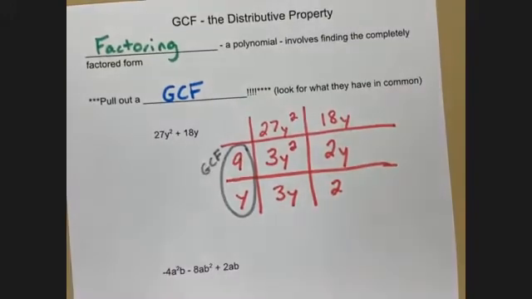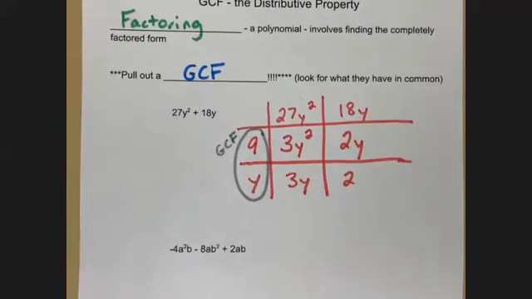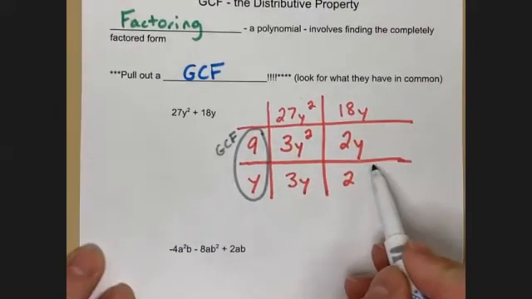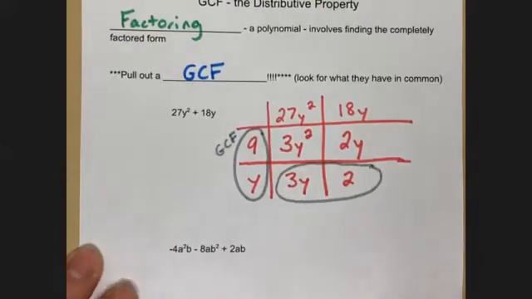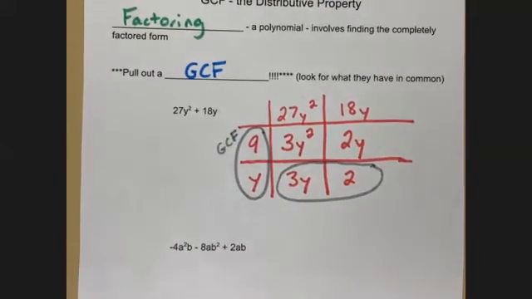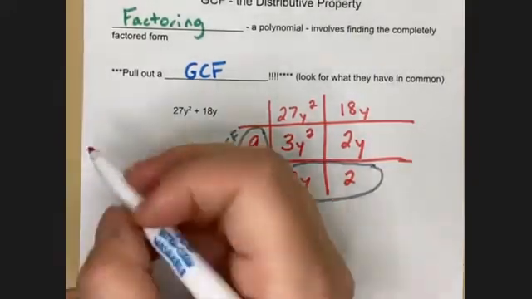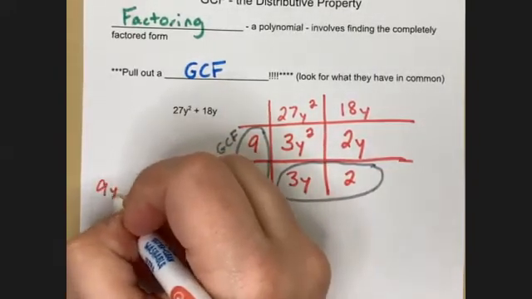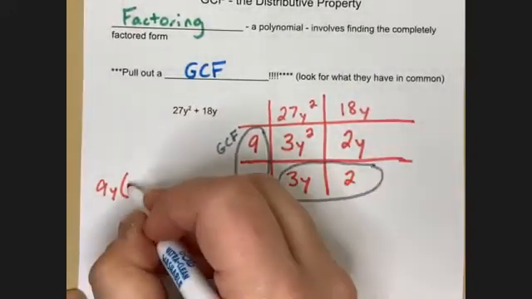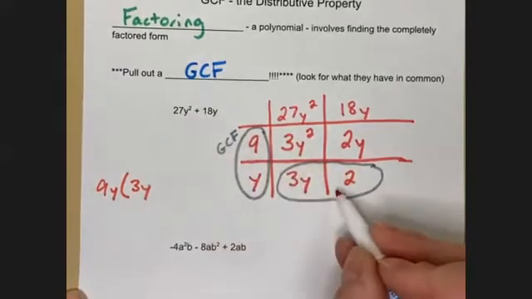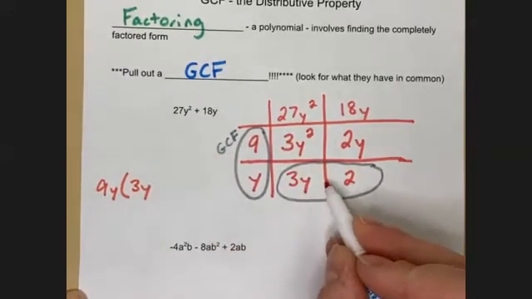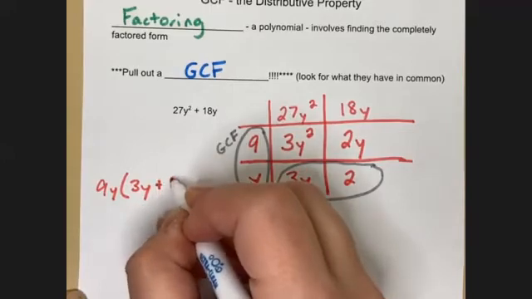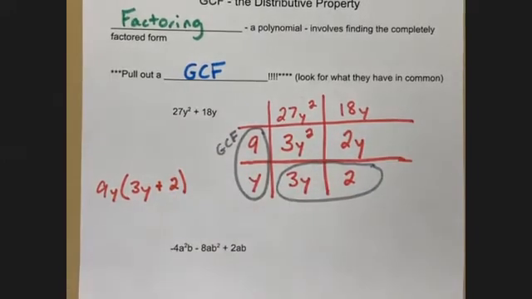That's my GCF, the greatest common factor. And then these down here are the polynomial that's left inside the parentheses. So that's going to look like 9y parentheses 3y. If there's not a minus sign or a plus sign, you always put a plus sign, so plus 2. So that is now factored.